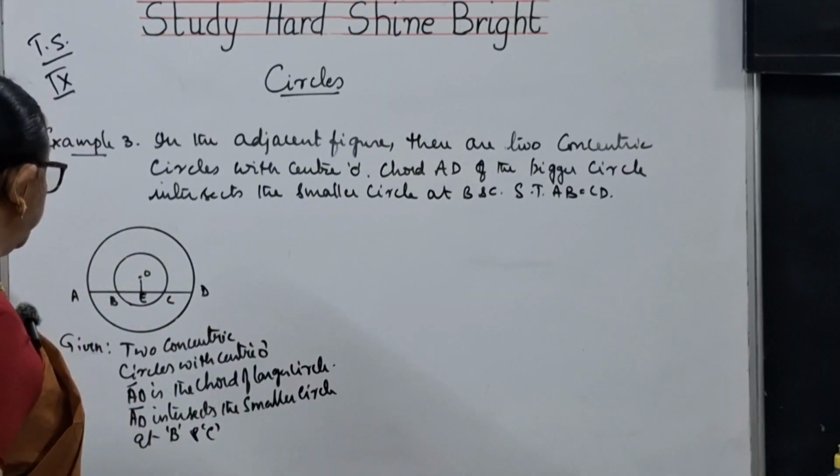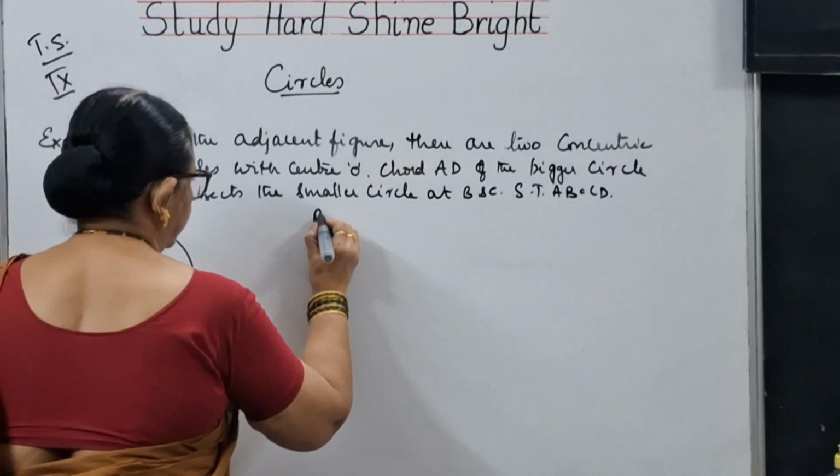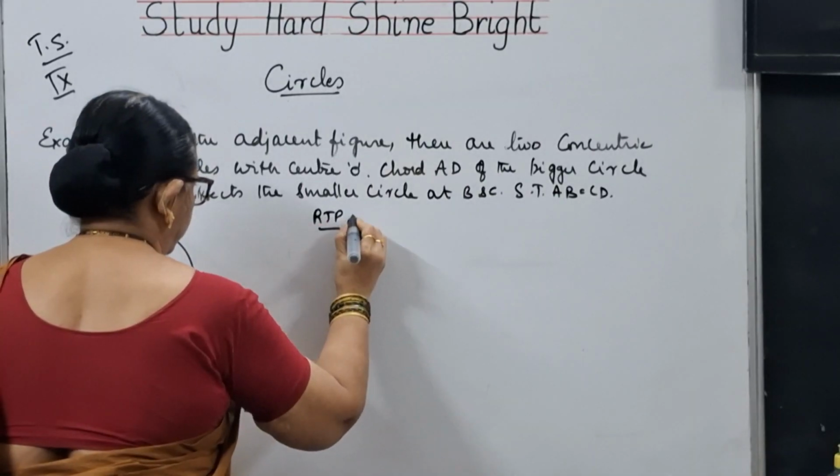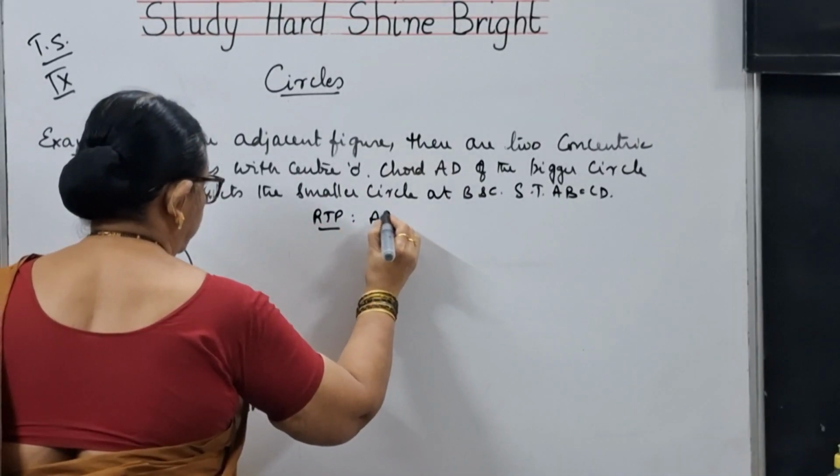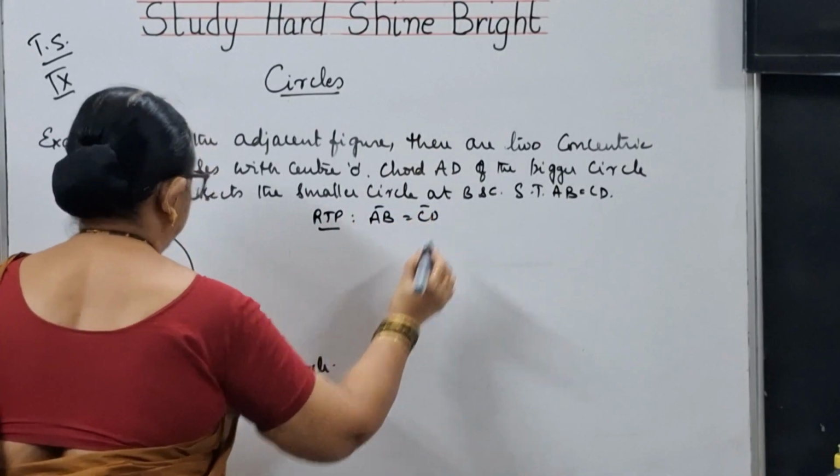Now you need to prove what is RTP. We need to prove that AB is equal to CD.